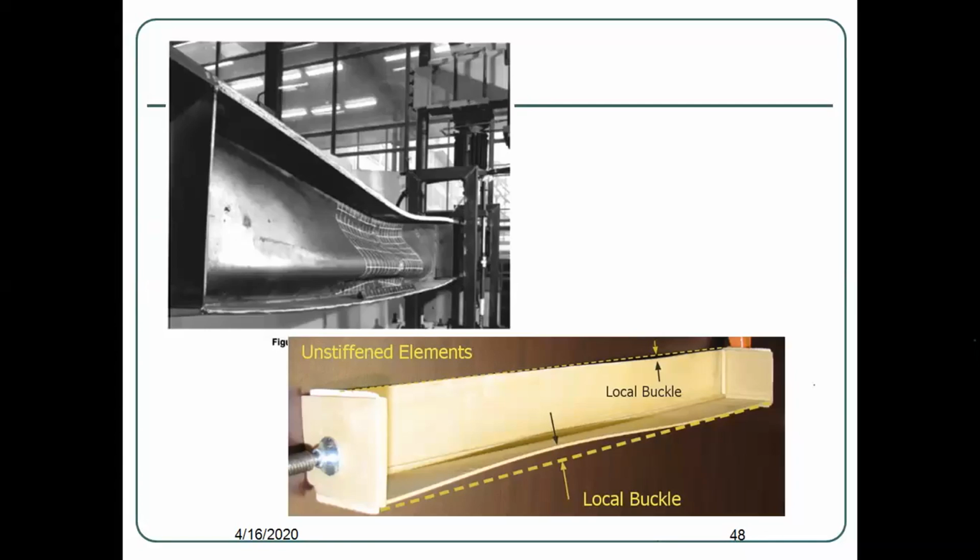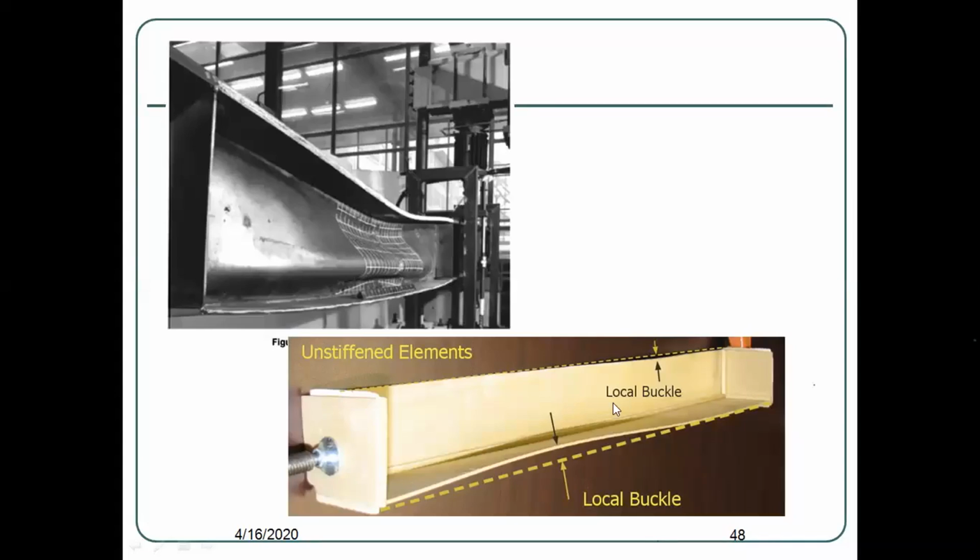So your beam is supposed to be designed not only for shear force and bending moment, but also for beam buckling, web buckling, and web crippling. Why? Because your web is susceptible to buckling and it can also be crippled at the joint. This is the portion where your web is supposed to cripple. So we have to check the web under buckling and crippling.